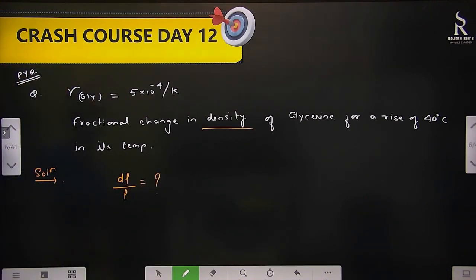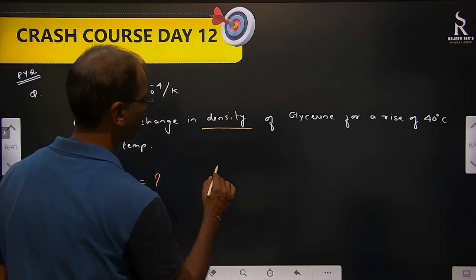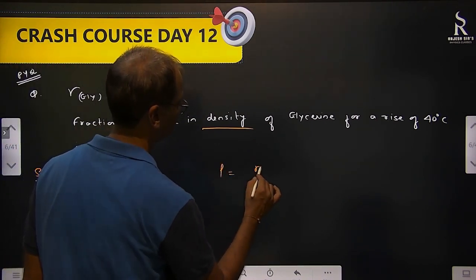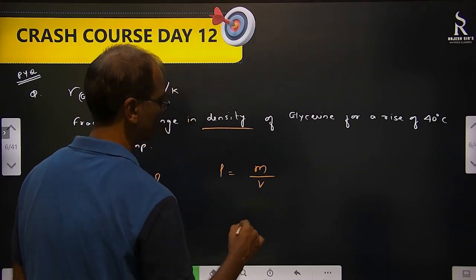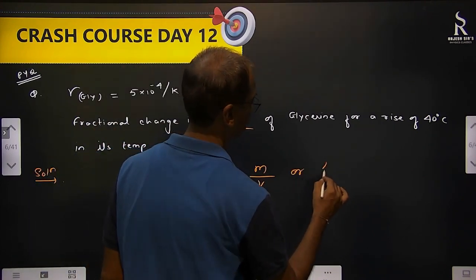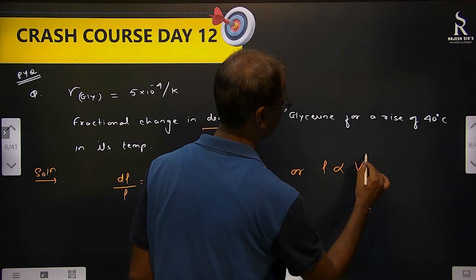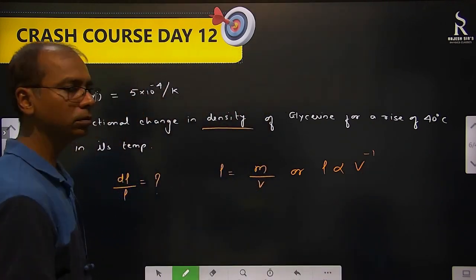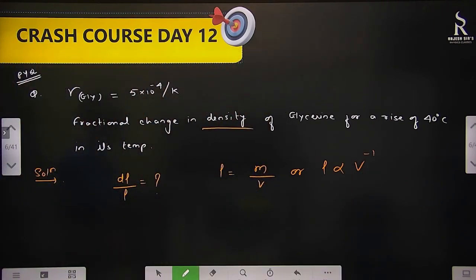Now what we know about density? Density we know is mass by volume, or density is proportional to V to the power minus 1. Mass is constant anyhow, right?